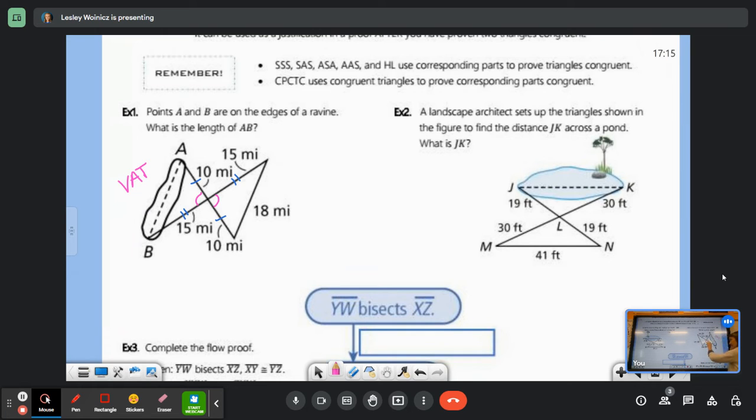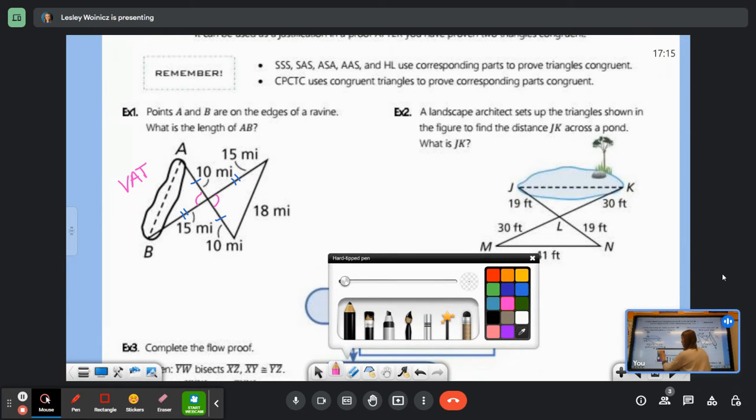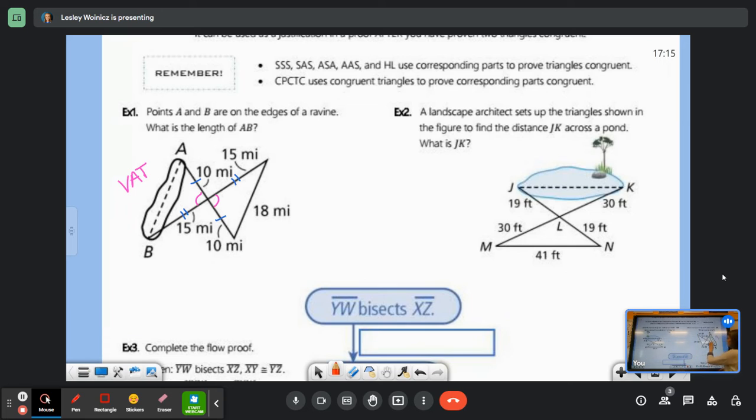So what I see here is that we have two congruent triangles using the shortcut side, angle, side. So I've shown that they're congruent using side, angle, side. So now I can say, oh, well, if this last side is 18, so must side AB be 18.